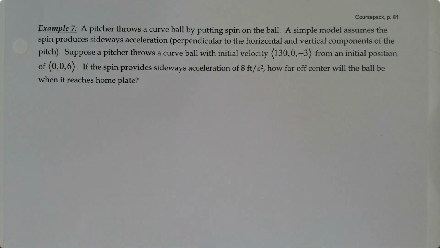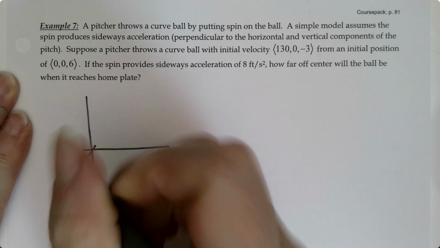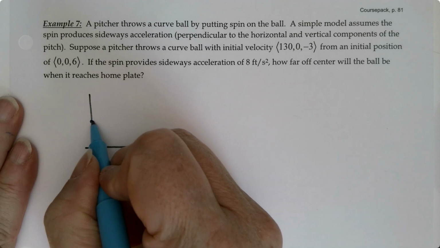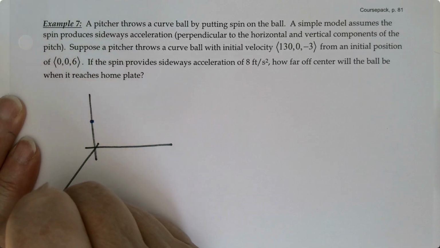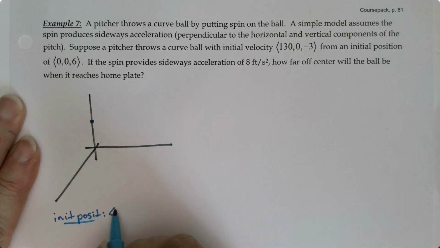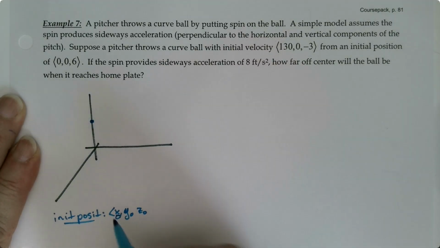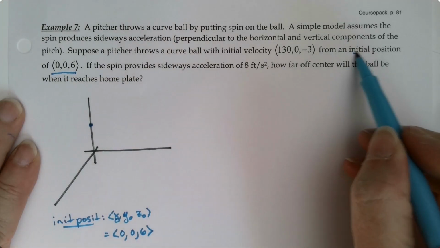Okay, so let's think here. So we have a pitcher throwing the ball. Now, the way the ball is thrown, it starts off at an initial position, which we can write here, initial position, which is x0, y0, z0 of 0, 0, 6. Right there, initial position.